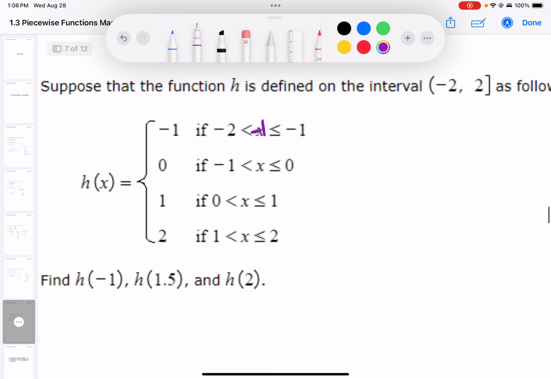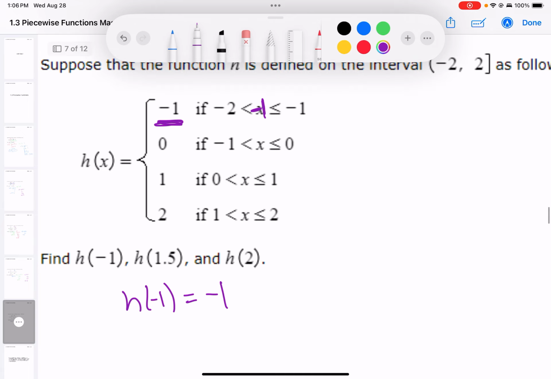Okay, if I did this as a -1, well, is -2 less than -1? Yes. Is -1 less than or equal to -1? Yes. So h of -1, this checks out, is equal to -1, because that's what I have on my left-hand side. Okay, what about 1.5?